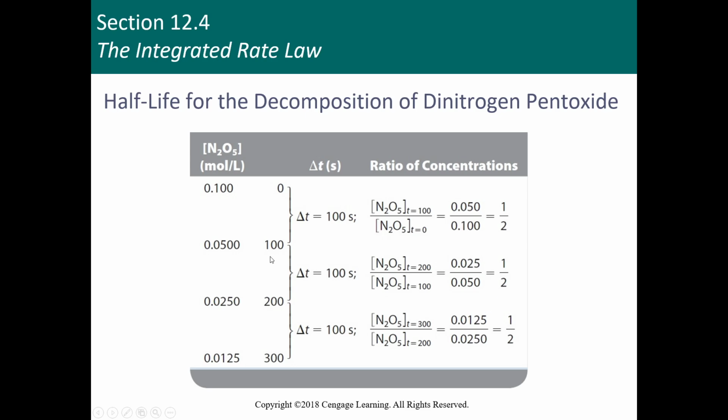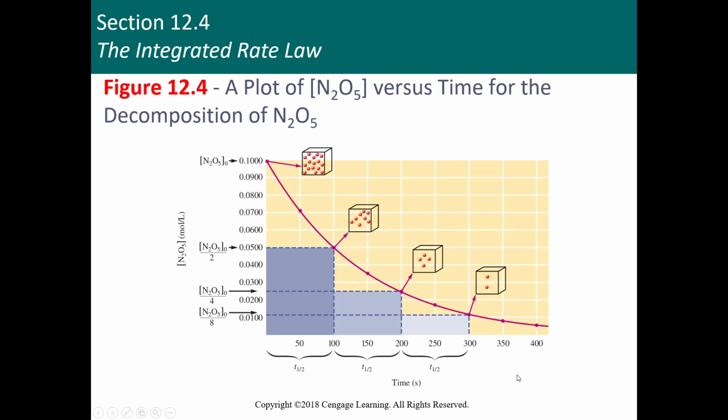And so again, this would be your ratio of concentration showing you the halving each time. Okay, so this would be plotting these concentrations versus time. And so what we see is that each half-life we will have our concentration after 100 seconds each time.